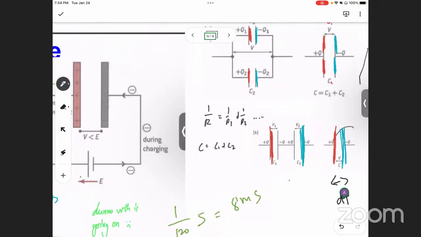And according to the formula, therefore, the capacitance decreases. That's why when you series two things, the capacitance decreases as you increase the distance between the two plates. But I'm just helping you memorize the formula. That's for practical reasons. That's all.